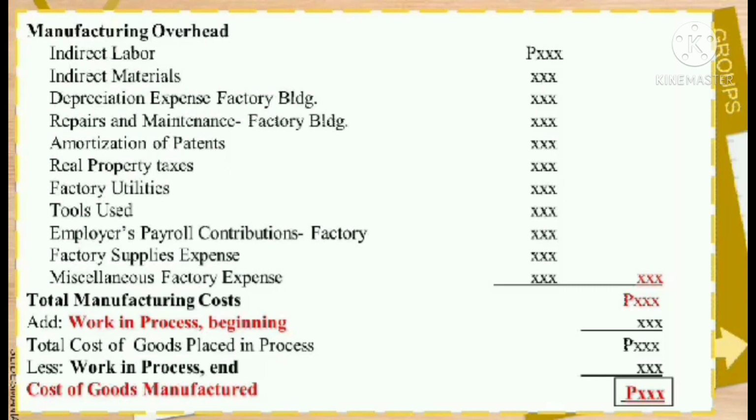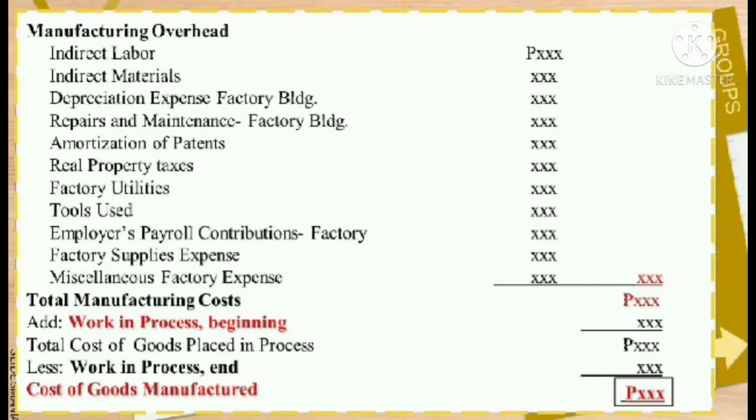Once we're done adding all of these under manufacturing overhead, we can get the total cost of manufacturing overhead. After the computation for the three items, which are direct materials used, direct labor used, and manufacturing overhead, adding the total amounts of these three will result in the total manufacturing cost.